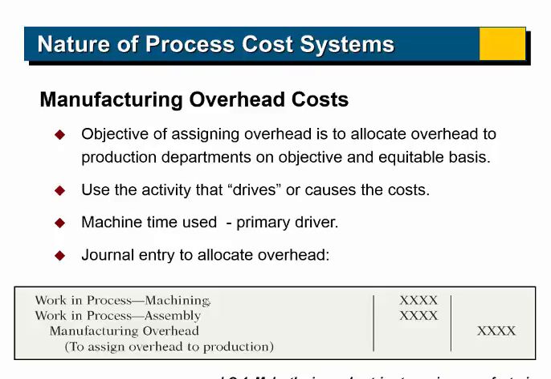And like I mentioned many times, in a process costing environment, it is very heavily automated, and therefore we most likely need to use machine time or machine hours because of the fact that so many machine hours are used in the process costing environment.